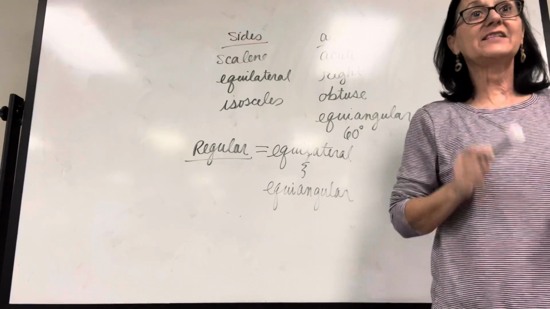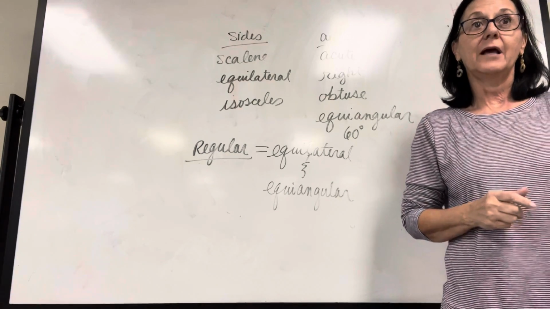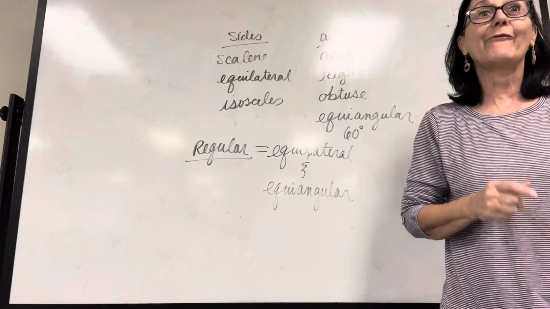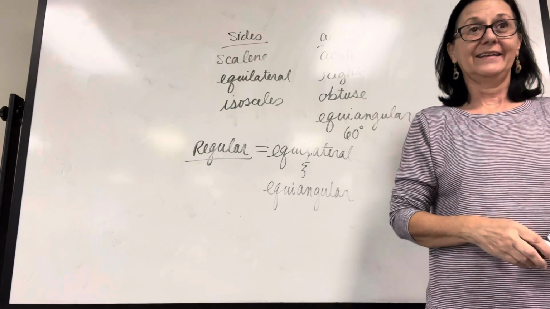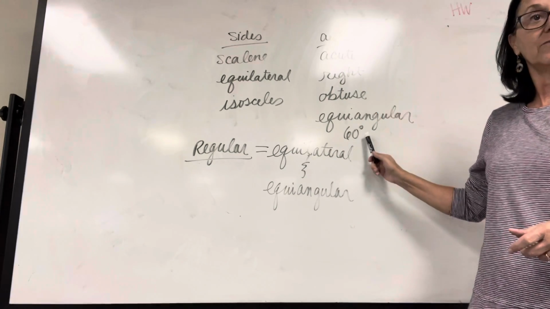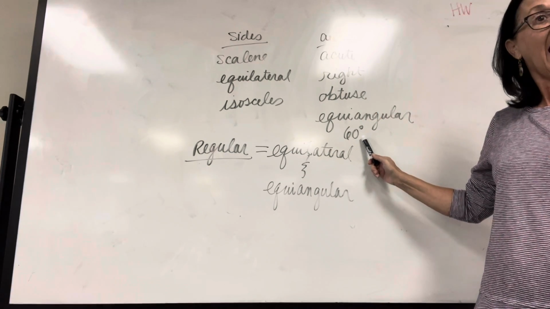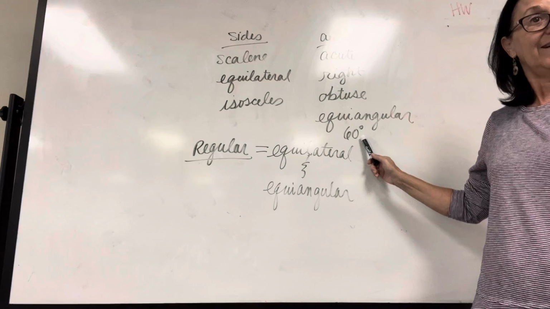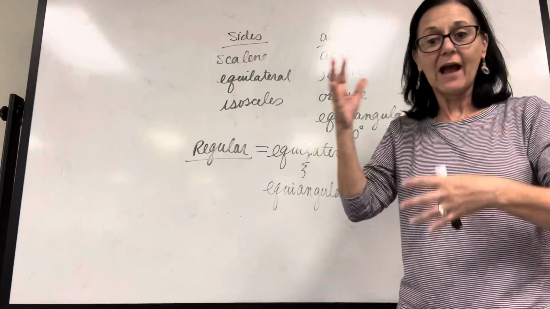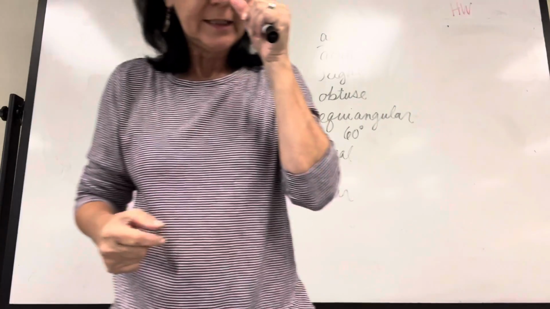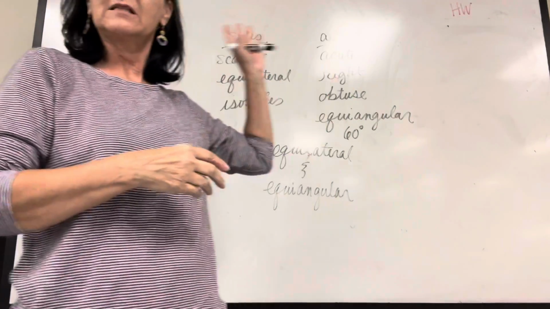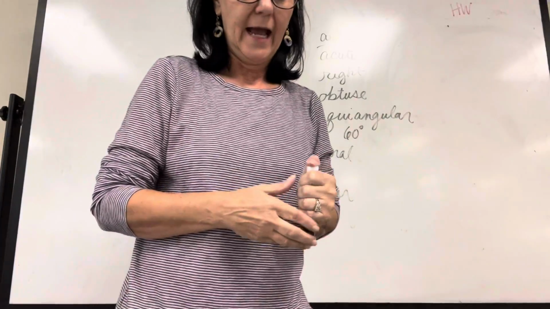And if it's equilateral, it has to be equiangular. Just flip it around. And so it's also acute. By definition, it's also acute because what's the measure of every angle? 60 degrees. Yes, it's under 90 degrees. So you see how we can have multiple definitions for the different triangles based on sides and based on angles.